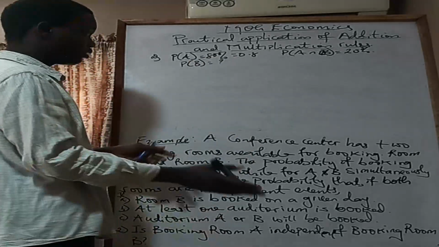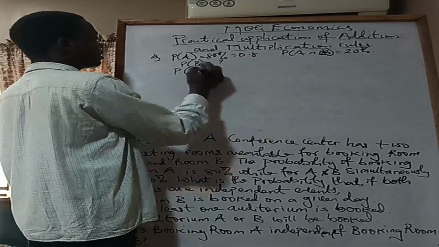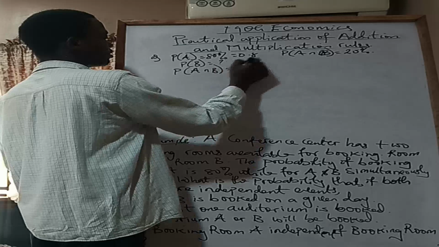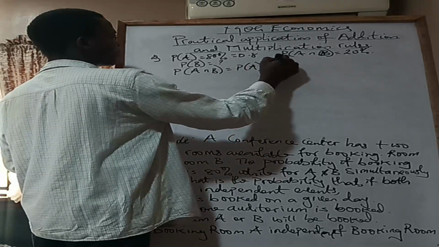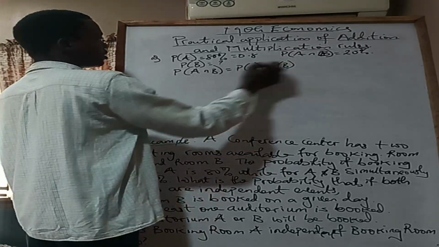Since we've been told that they're independent events, we have this formula that relates the three together. A intersection B equals the probability of event A multiplied by the probability of event B. Now A intersection B is 20%, which is 0.2.